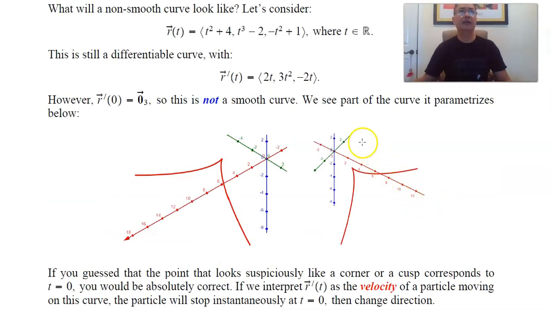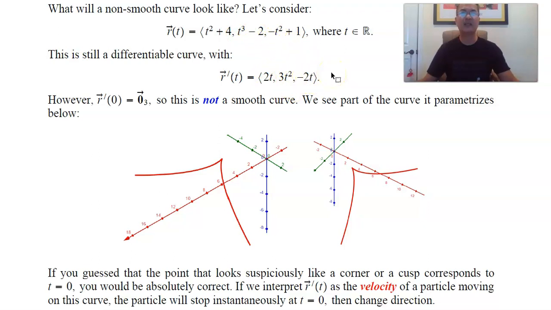All right, so here's an example of a parametric curve which is not going to be smooth, and it looks very innocent: t squared plus 4, t cubed minus 2, negative t squared plus 1. What could possibly go wrong? We love polynomials, right? We can still find the derivative. You'll get 2t, 3t squared, negative 2t.